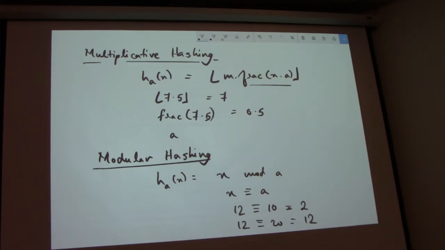So should a hashing function be chaotic in a sense, where small variations in your input can result in very large changes in your hash value? That's one way to think about it, maybe. But you don't really want it to be chaotic, and you don't want it to be too biased either.